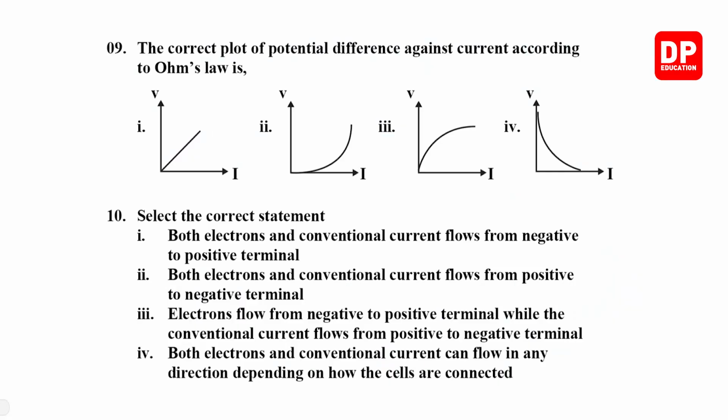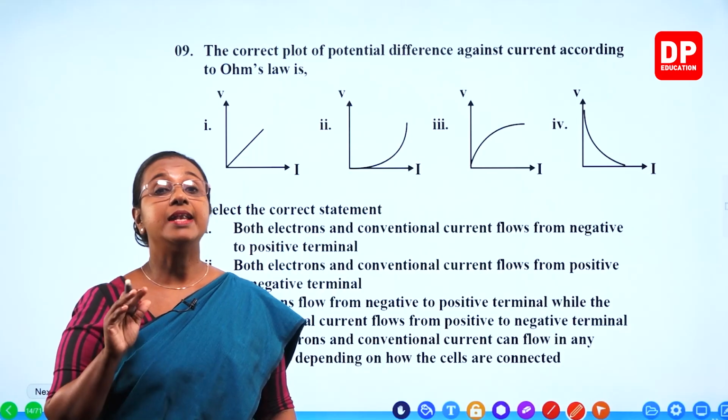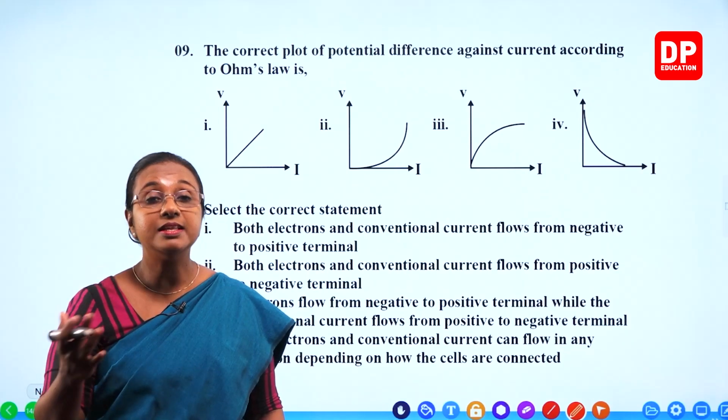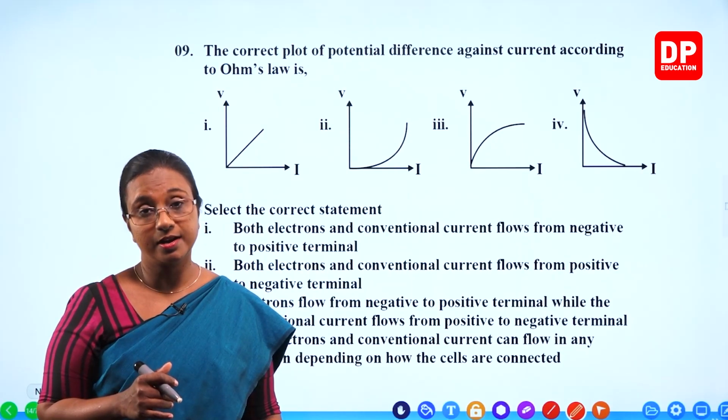Question number 9. The correct plot of potential difference against current according to Ohm's law. So Ohm's law, what is the relationship? At constant temperature, the potential difference is directly proportional to current.